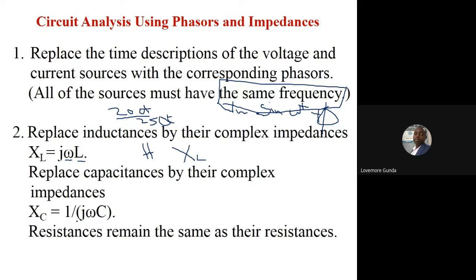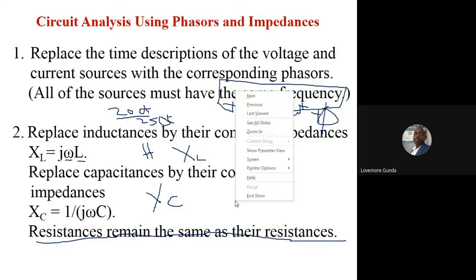For capacitance, XC is 1 over j omega C. If you have a capacitance in farads, then 1 over omega times C gives you your XC. Only resistances retain their values when you are dealing with these kinds of calculations. Only the resistors retain their value.